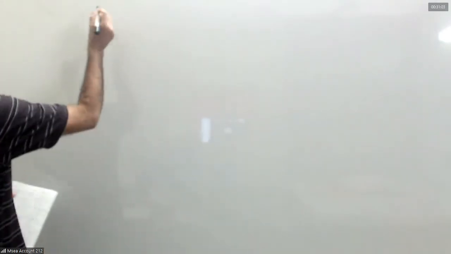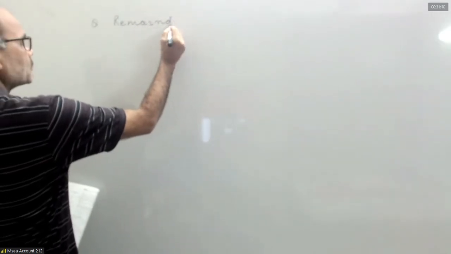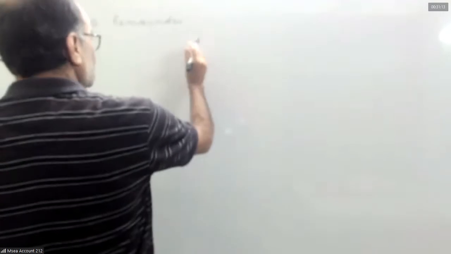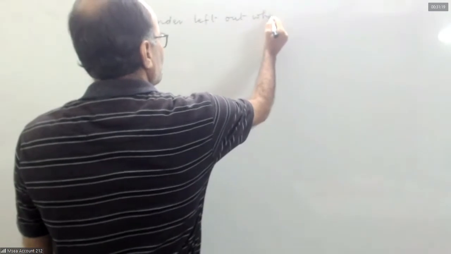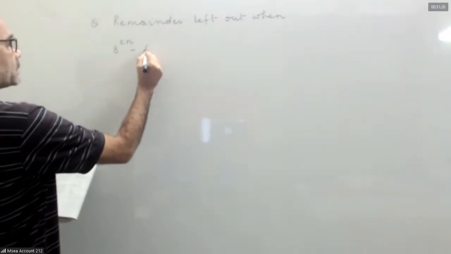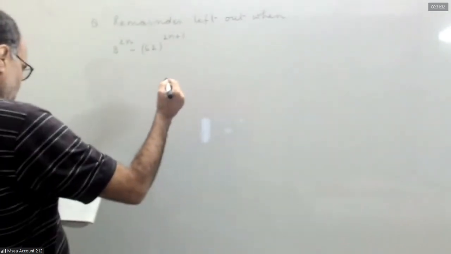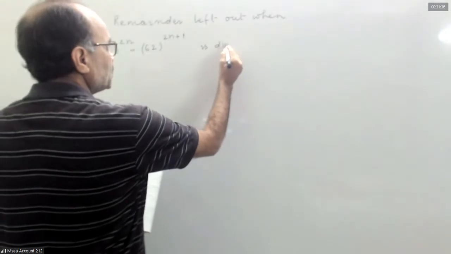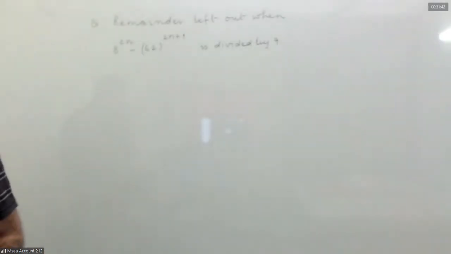The remainder left out when 8 to the power 2n minus 62 to the power 2n plus 1 is divided by 9. Just 1 minute you try it, then I will do.